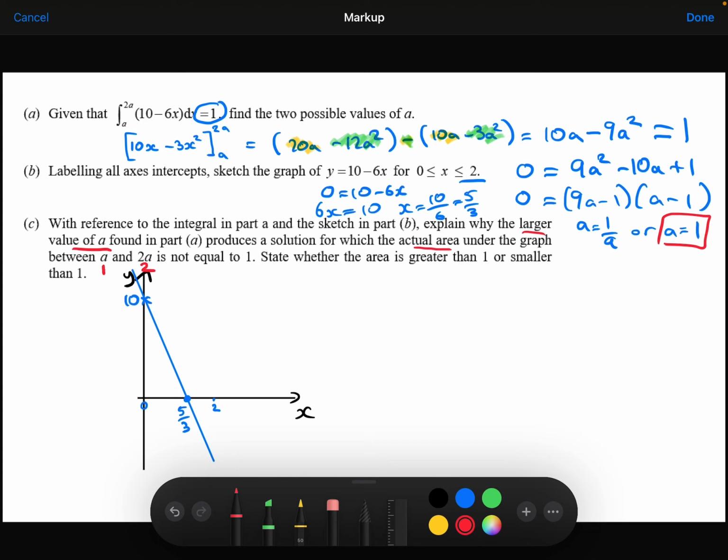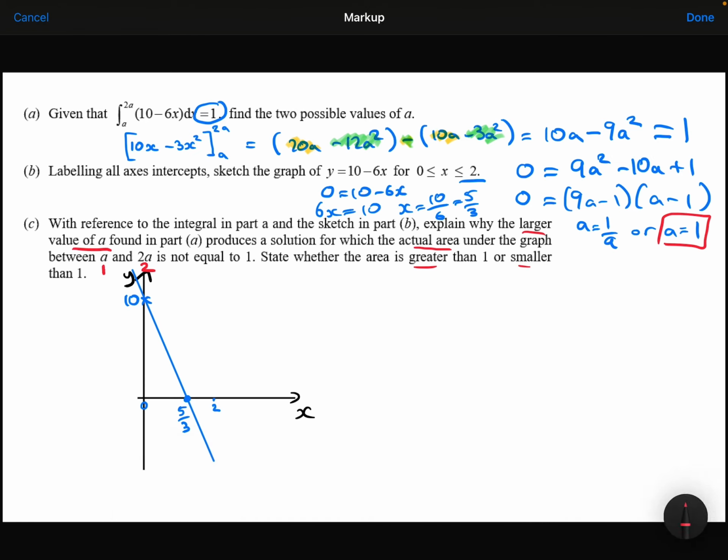State whether the area is greater than 1 or smaller than 1. Okay, so like I say, if a is 1, then we're looking for the area under the graph between 1 and 2. So that would be this area here. Let me highlight that.